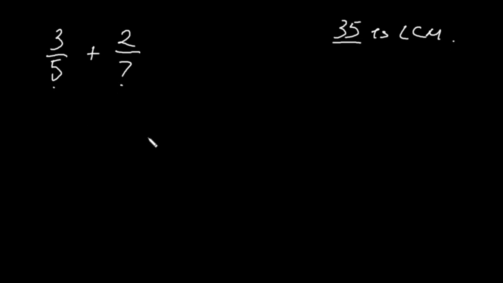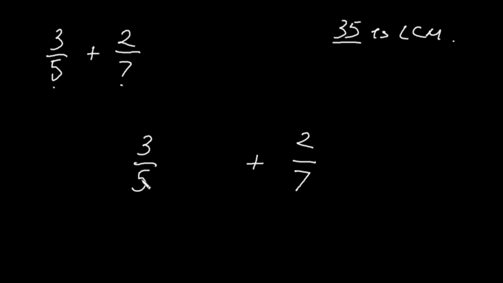The next thing we want to do is I'll just write these fractions again, but give a little bit of space. So we'll have 3 over 5 plus 2 over 7. Alright, so now as mentioned before, we wanted to make our denominators the same. And so in order to do that, I would like to make this 35, right?